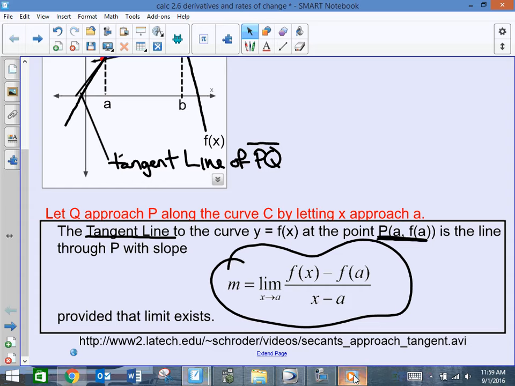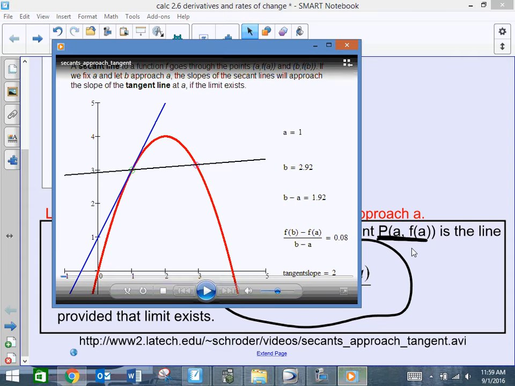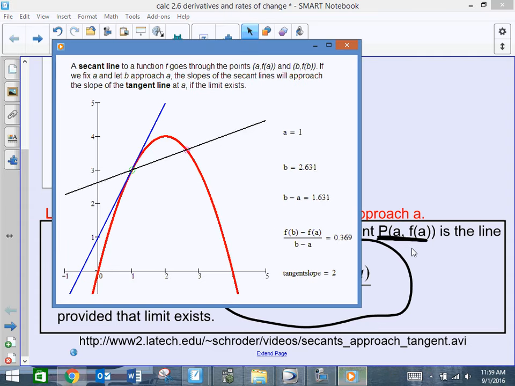When you're talking, all right, so here is the point being moved around. The secant is turning into the, look, it's moving, and basically the blue one now becomes a tangent line, okay? If you look here, I can do it again.